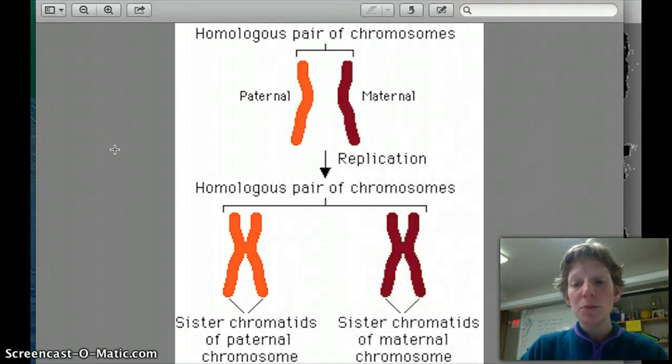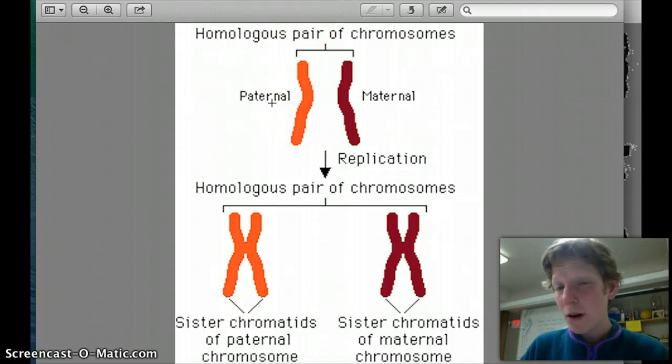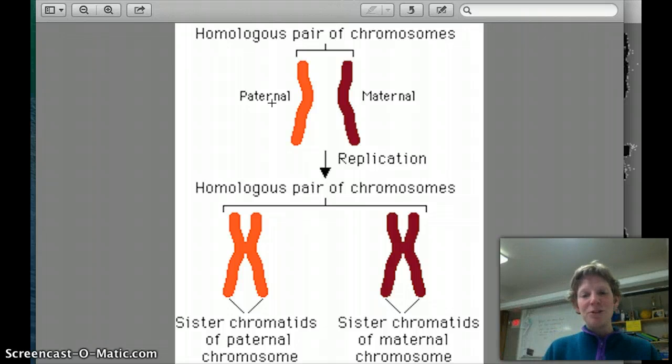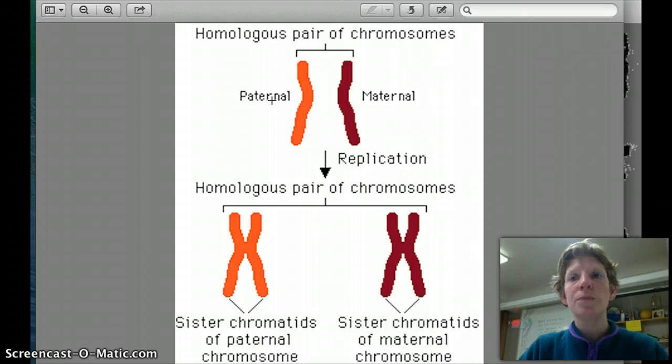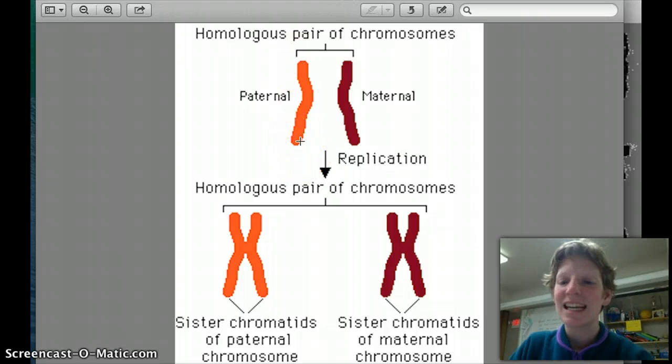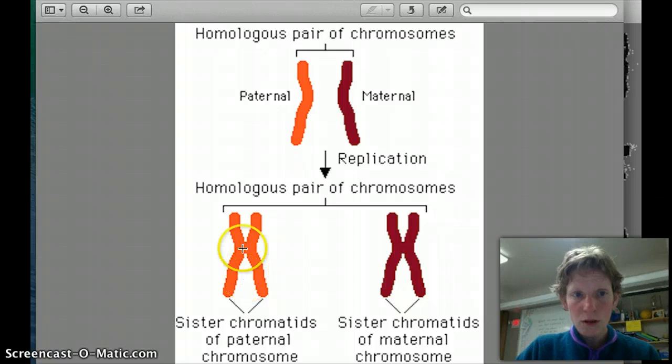The thing I want you to remember about homologous is that it refers to both before and after replication. When we're going to undergo mitosis or meiosis, the chromosomes need to replicate, to make an exact copy. So down here you can see that there is the original chromosome from dad plus an exact copy of the chromosome from dad.